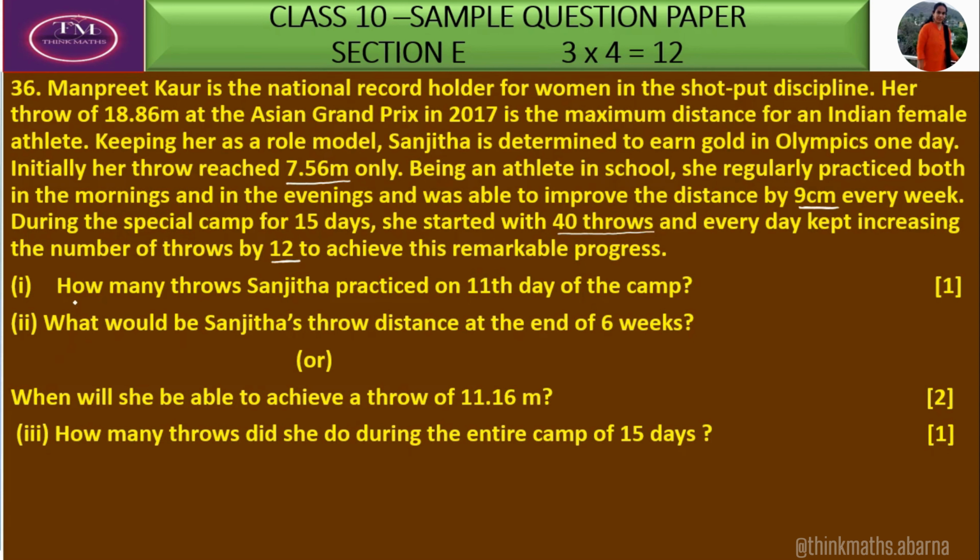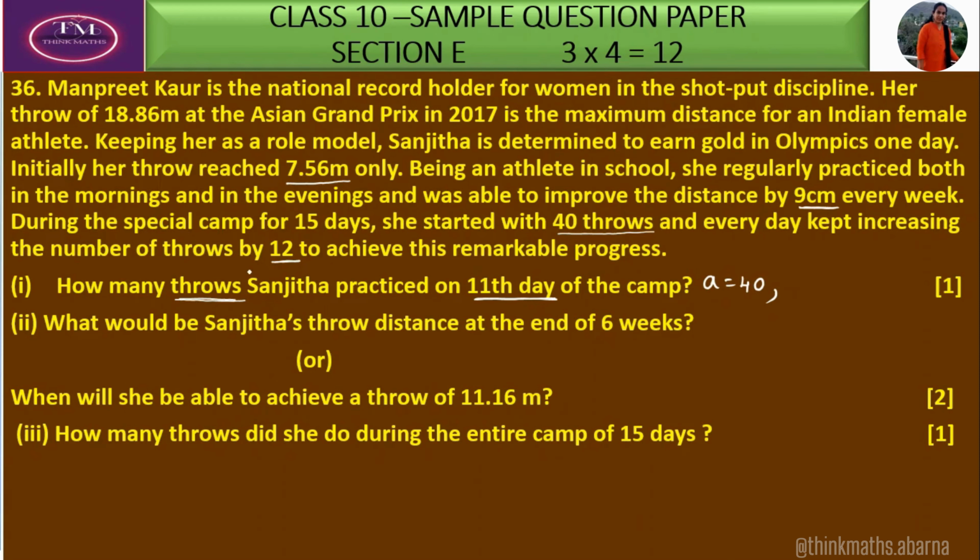What is the first question? How many throws did Sanjita practice on the 11th day? So the first question is about throws. Initially, how did she start? She started with 40 throws, so a is equal to 40.